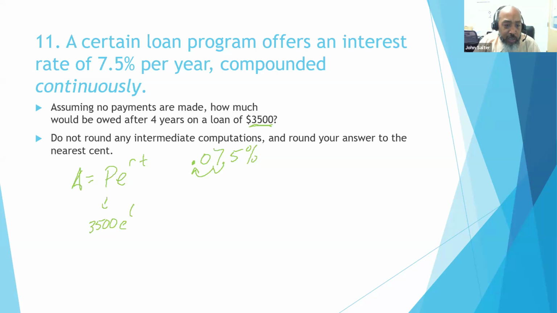So I move it two places to the left, and in the gap I put a zero. So my interest rate is 0.075. My time in years is 4 years, and I'm not sure what A is going to equal, so it's just going to remain A. Everything on the right, I know we have a letter E, but technically that's not a variable, that's a constant.